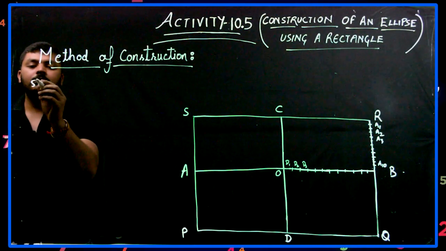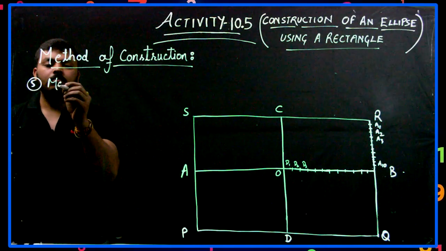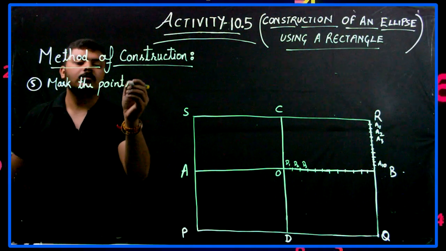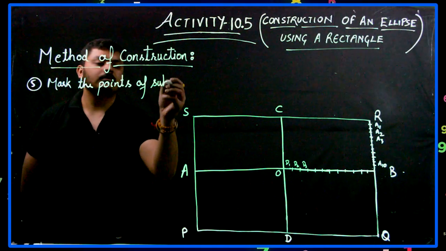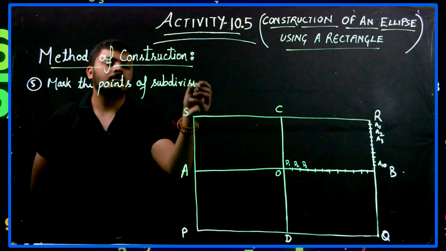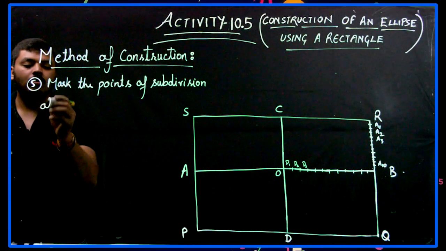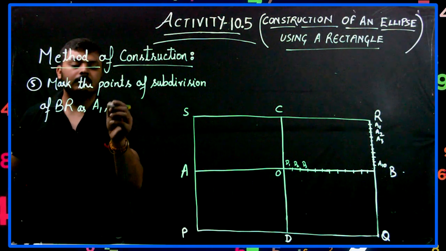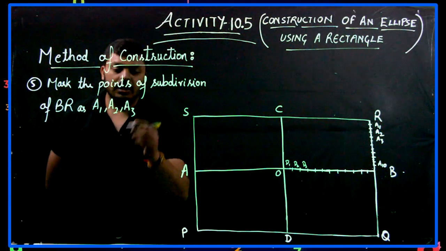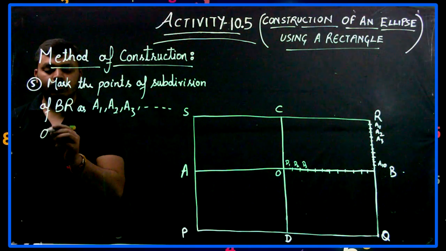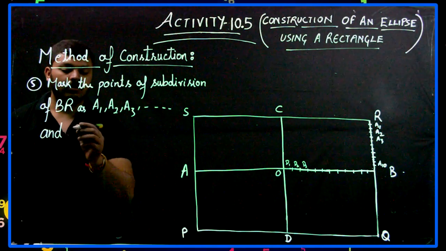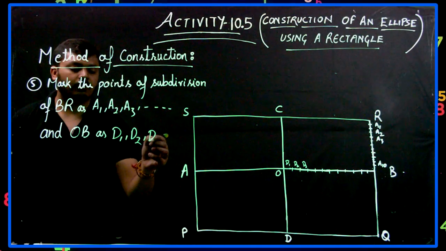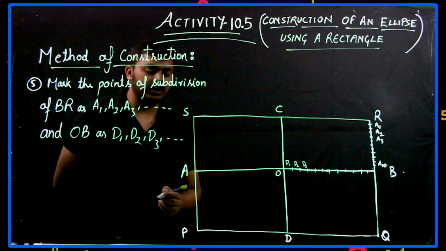So students, step 5. Mark the points of subdivision of BR as A1, A2, A3 and the subdivisions of OB as D1, D2, D3 and so on.